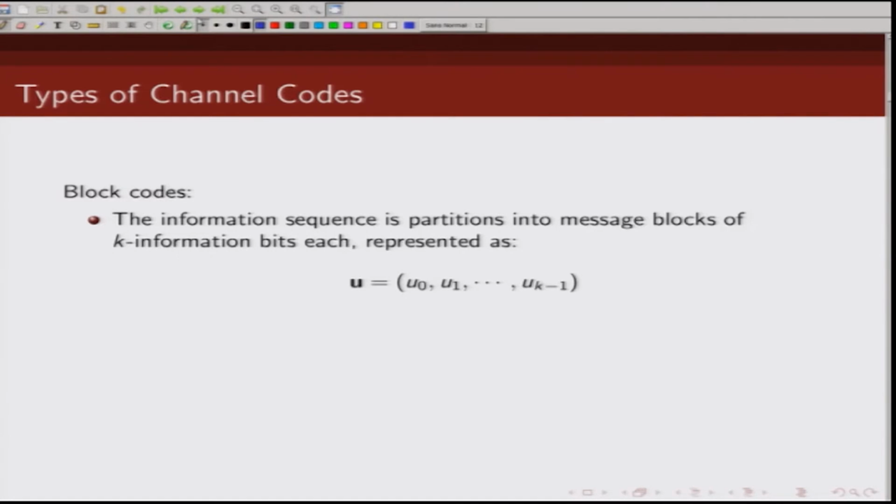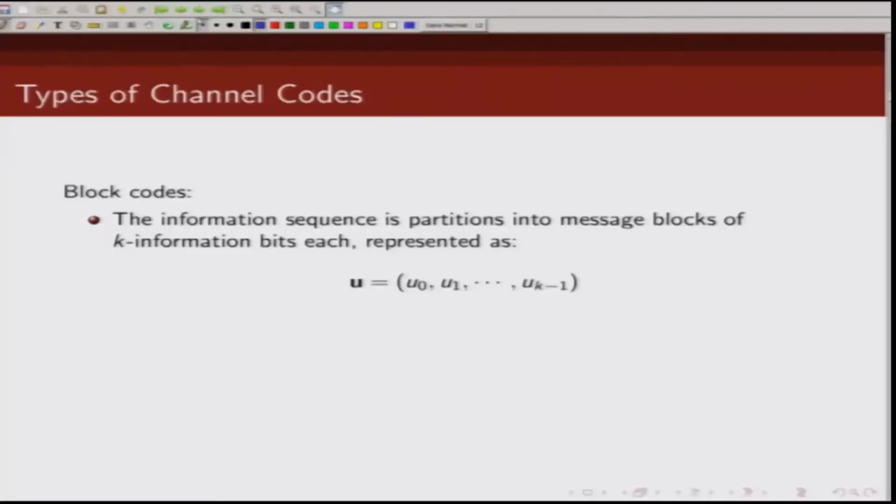So we will start with block codes. As the name suggests, in block codes we take a block of k bits and map it to an n bit code word. Our information sequence is parsed into blocks of k bits, and each block is mapped to a block of n bits.